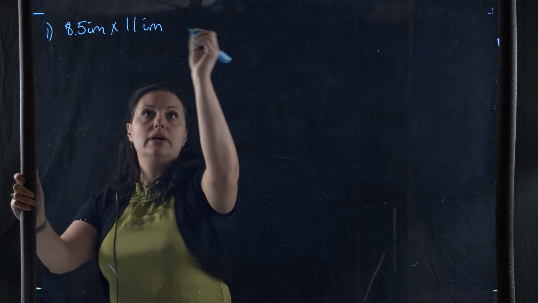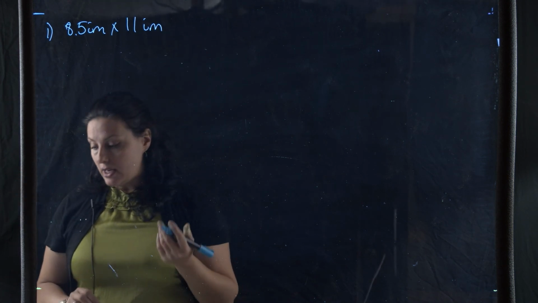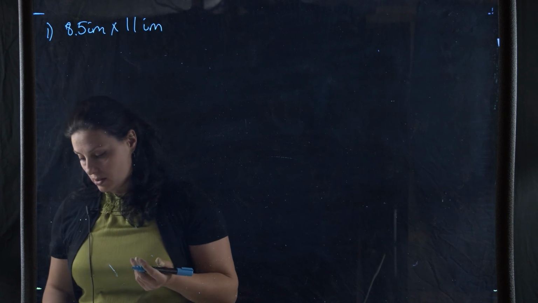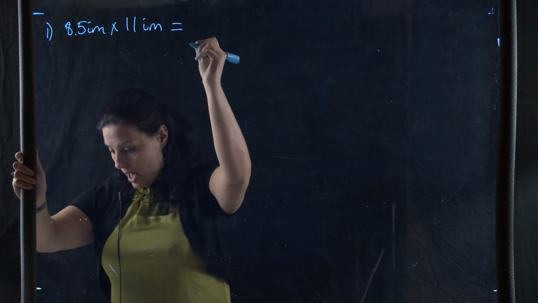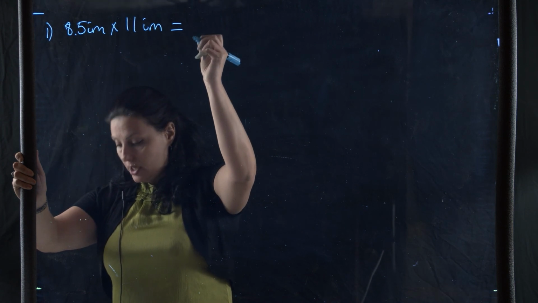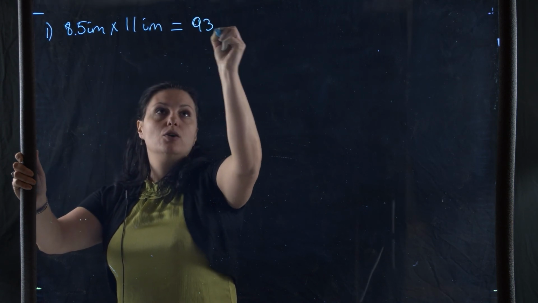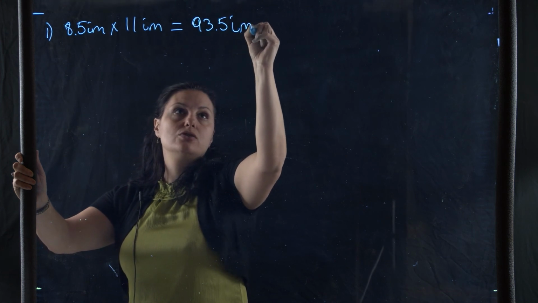sheet of paper, and I want to calculate the area in centimeters squared. Now, if I do this calculation, I should get 93.5 inches squared.